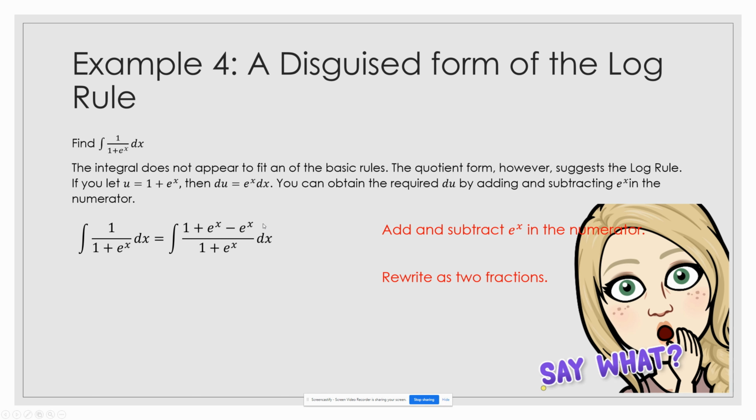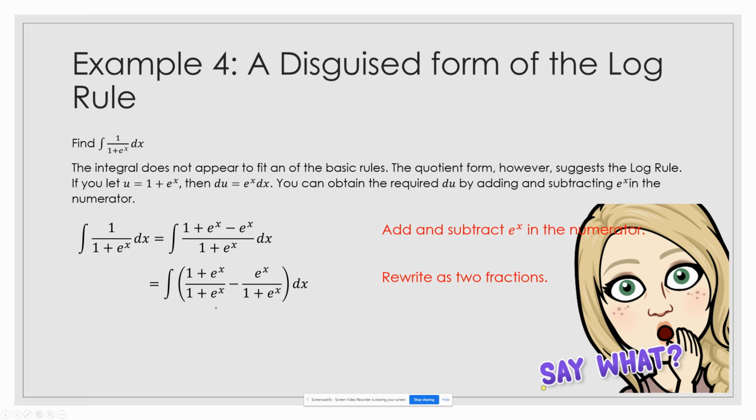We have 1 plus e to the x over 1 plus e to the x because I took this piece of it. Why do you think I took that piece of it? When I divide that, what does it equal? You're right, 1 minus e to the x over 1 plus e to the x dx. This is really freaking cool because look at this piece here.